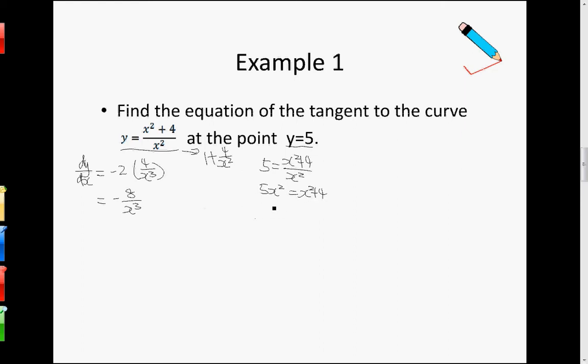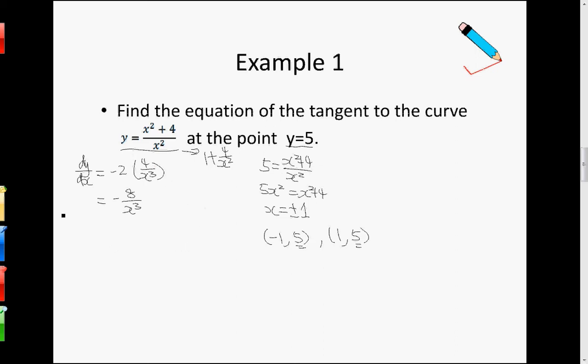If you're fast enough, you would see that x equals plus or minus 1. So there are 2 points that we are interested in. The first point is minus 1, 5. The other point would be 1, 5. These 2 points both have y coordinate 5 and they cut the curve.